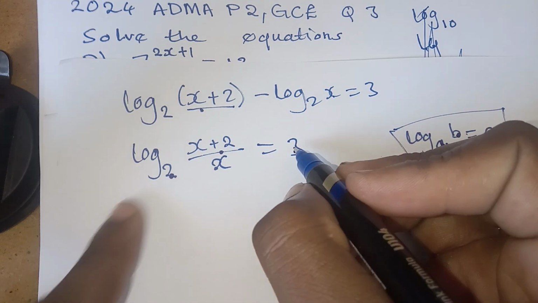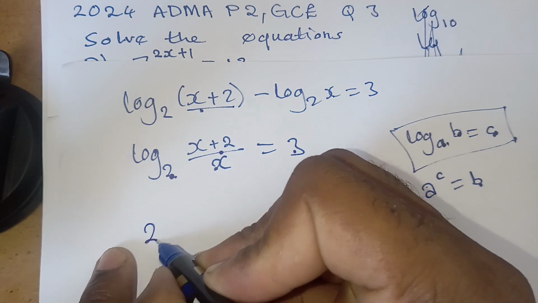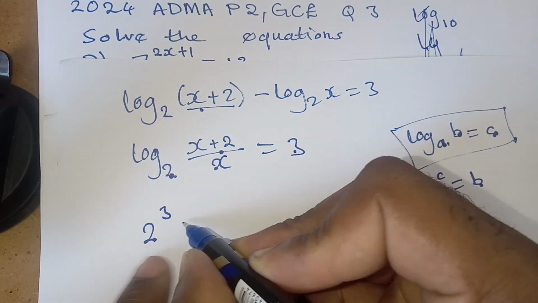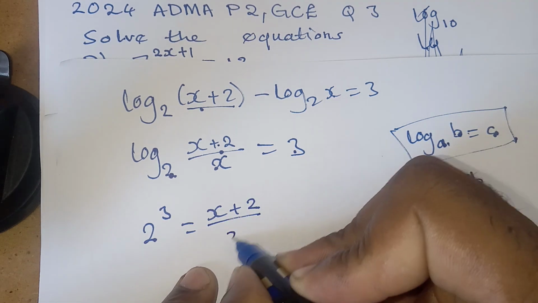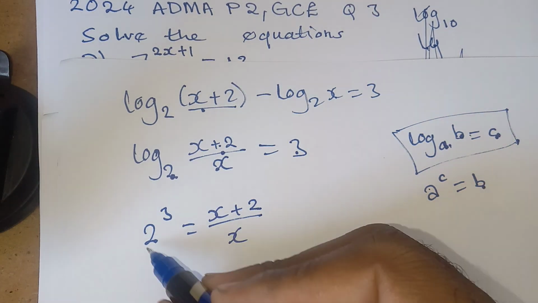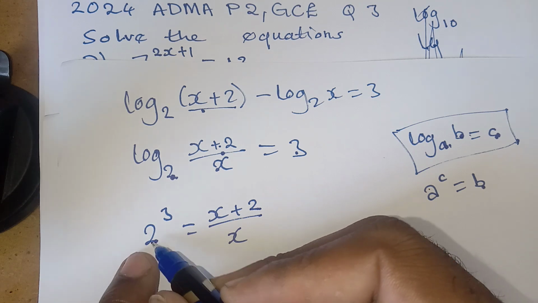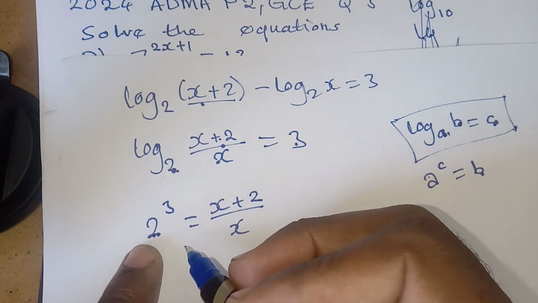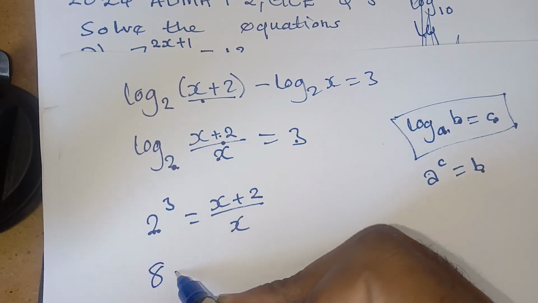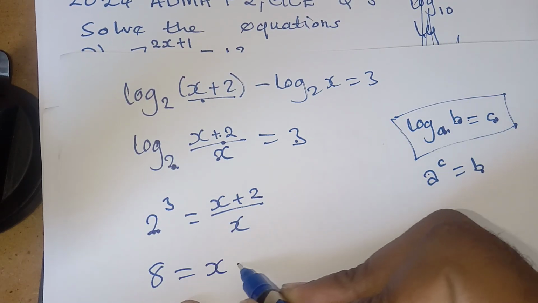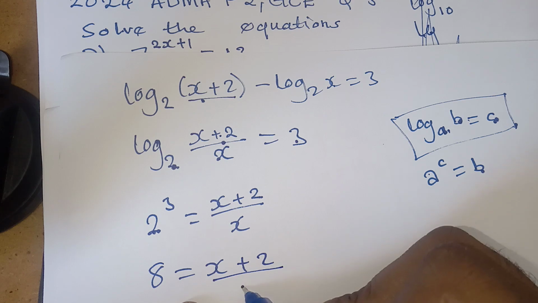The power is 3. So we have 2 to the power 3 to get x plus 2 over x. And then when I find the cube of this, it will be 2 times 2 times 2, which is 8. This is equal to this.